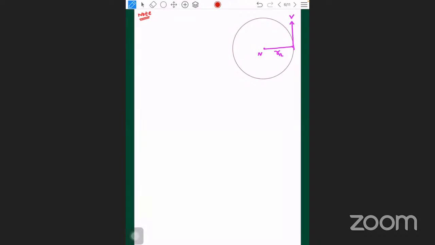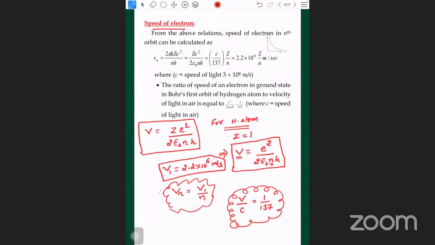You know the formula for the radius, which is epsilon naught n squared h squared divided by pi m z e squared. What about velocity? z e squared divided by 2 epsilon naught nh. This is the formula which you have studied.